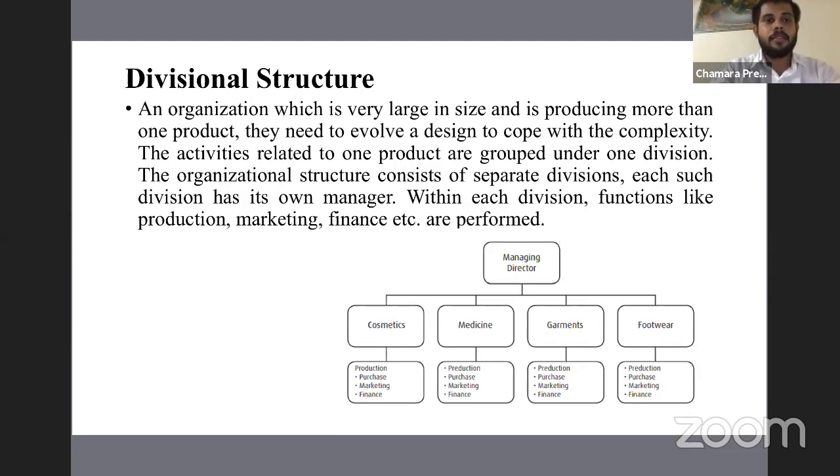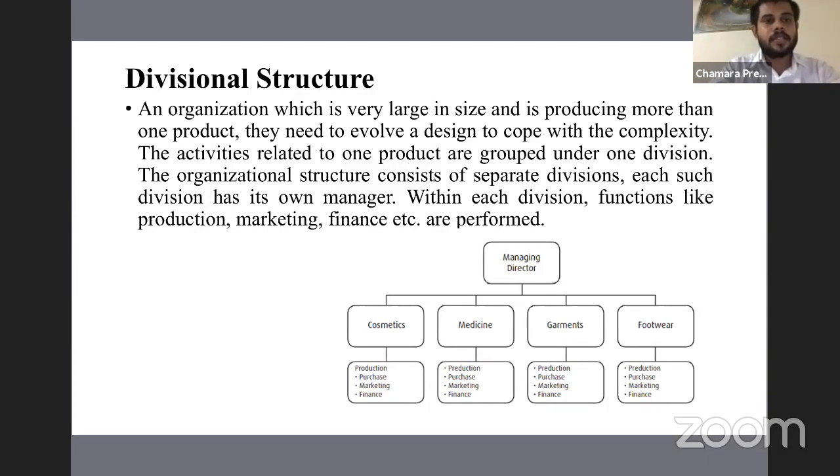Now if I take an example, Unilever, they have different sections. They are into food, and then home care, skin care, body care, so different sections, right? And they're into beverages as well.